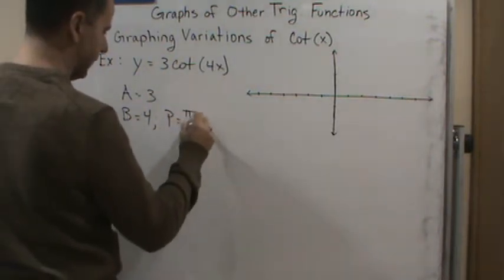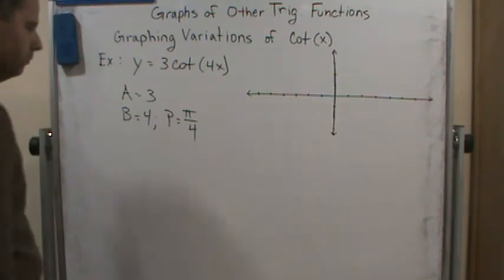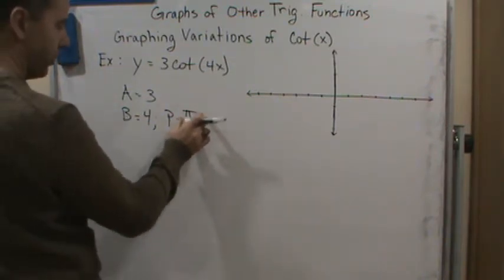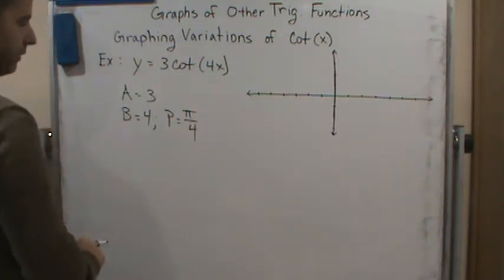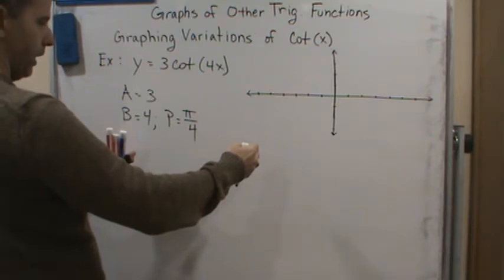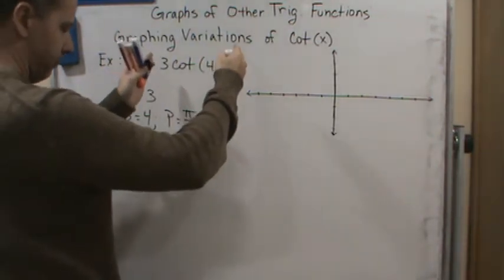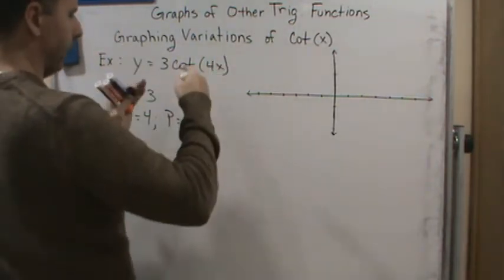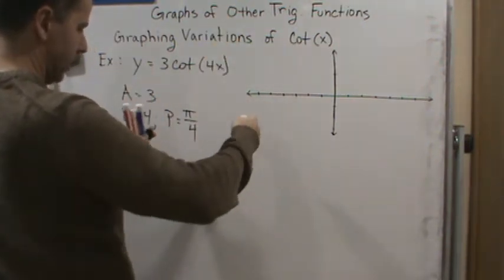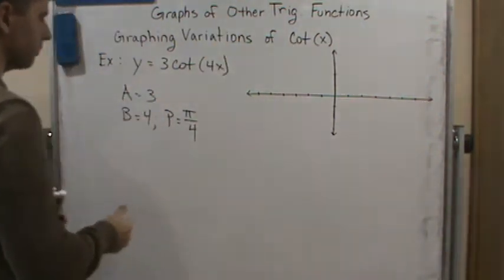So it's going to be pi over 4. So the period is pi over 4, so that's going to be the length of the period.